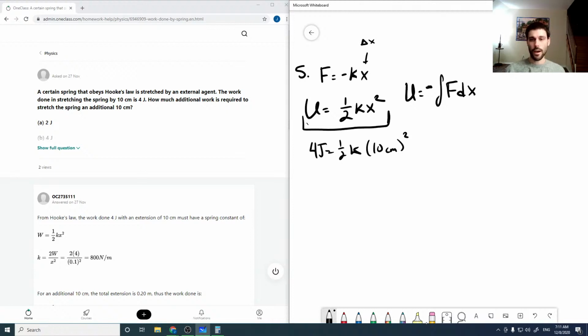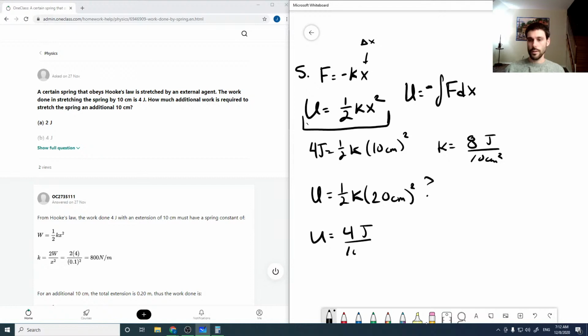If we want to know now our energy for this, well, we can solve for our k by saying that it's 8 joules over 10 centimeters squared, or plugging this in, we would have 4 joules over 10 centimeters squared.